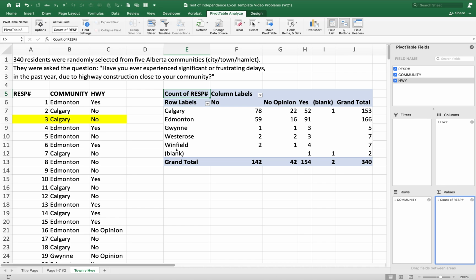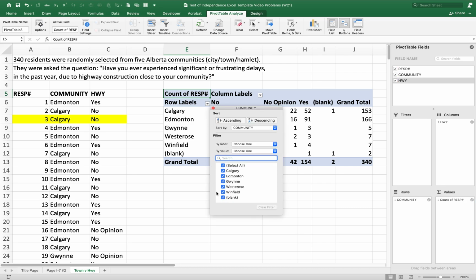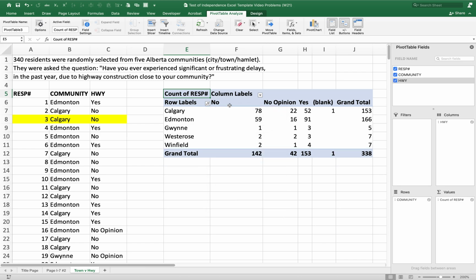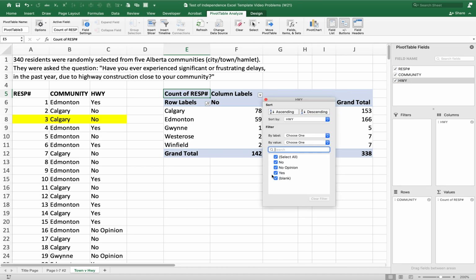I've got some blanks. Let's get rid of those. So I'm going to click on this down arrow here and deselect the blanks. That's good. And then over here I've got some blanks, so I'm going to click there and deselect them.